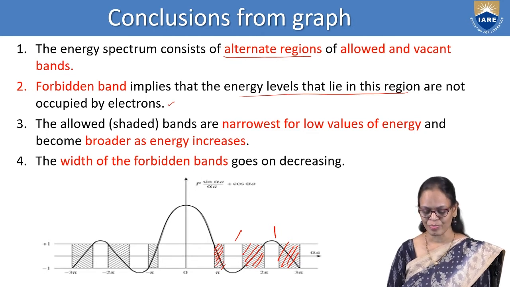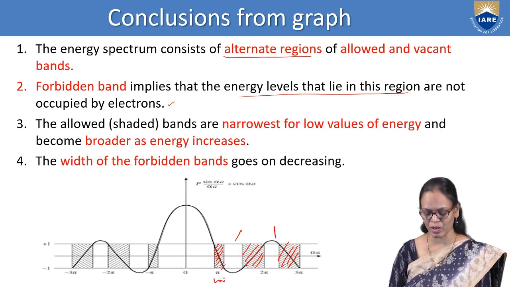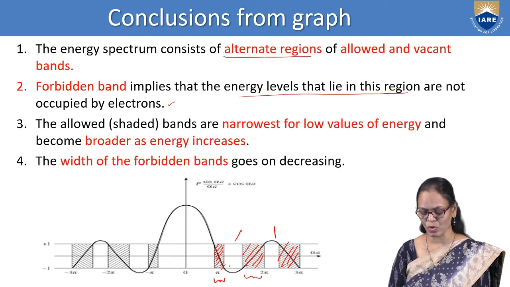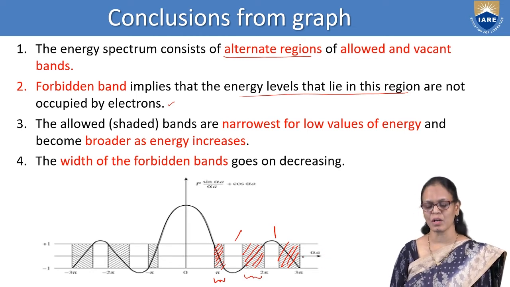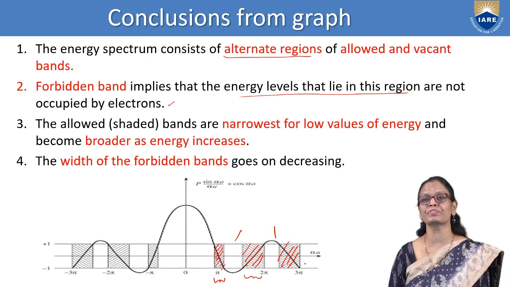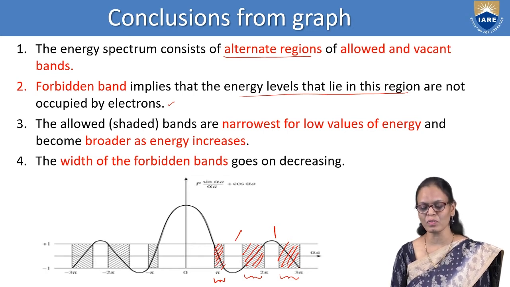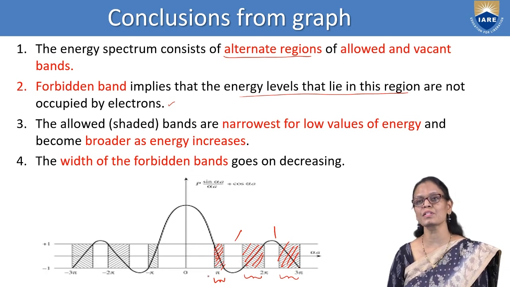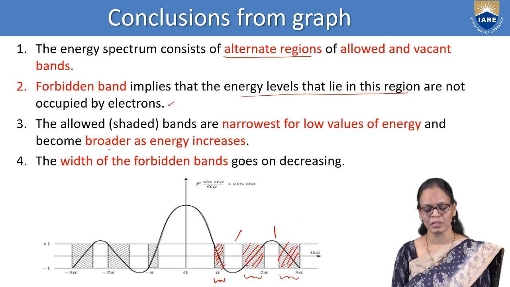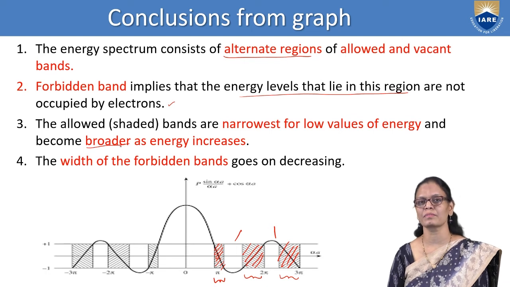If you see here, these are the lower values of energy. So, here this is the width of the allowed band. As you go away, as the values of energy increase, what is happening? The width of the band keeps on increasing. This is the allowed band. So, the allowed bands are narrow for lower values of energy, and as you increase the energy, the bands become broader.